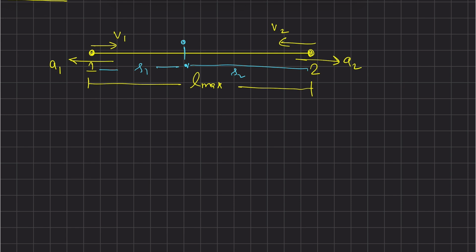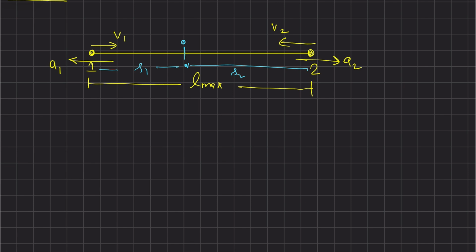This one is moving and its velocity goes to 0 here and it rests here, and the other one also loses its velocity and reaches here, and its velocity becomes 0 at this moment. So s1 and s2 are the distances traveled before their velocities become 0. If I add s1 plus s2, that will be L max.